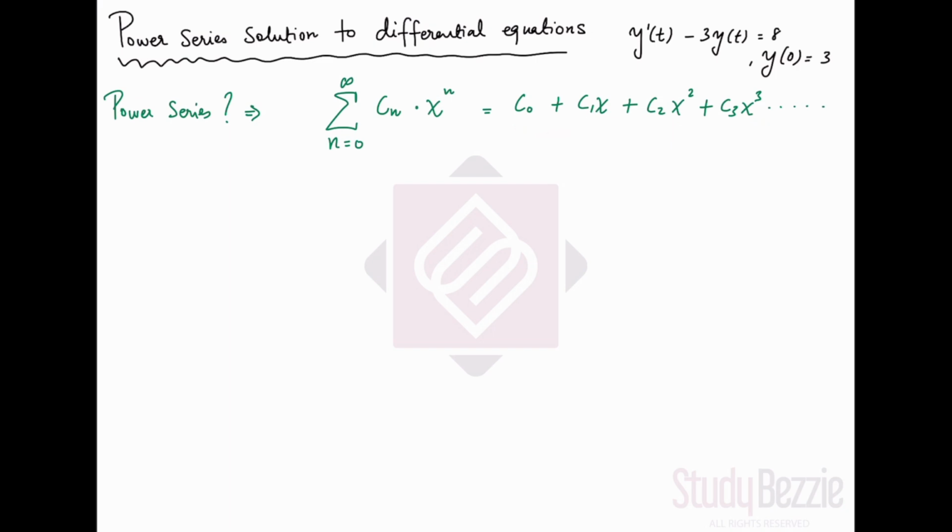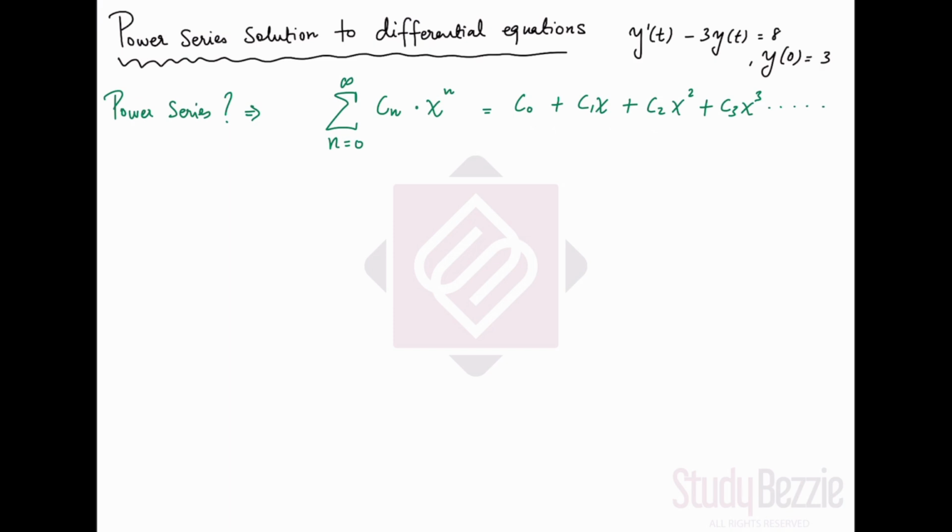Okay, so what we know, which you probably haven't been covering in this course in that detail, is that there are functions which we can represent using power series. Let's say you have a function f of x which could be represented as a power series.